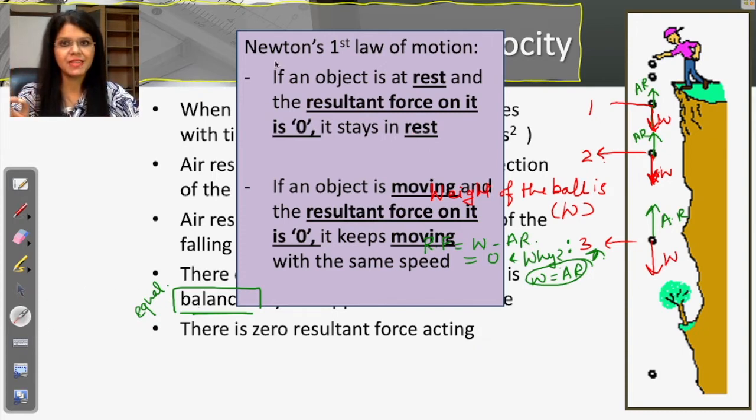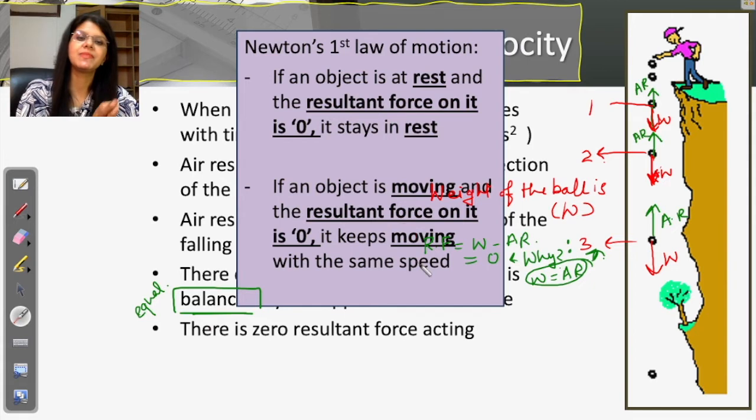Second scenario of Newton's first law of motion says, if an object is moving and the resultant force on it becomes 0, the object is not at rest, it is already moving, and the resultant force becomes 0. What happens? It keeps moving with the same speed forever and ever.